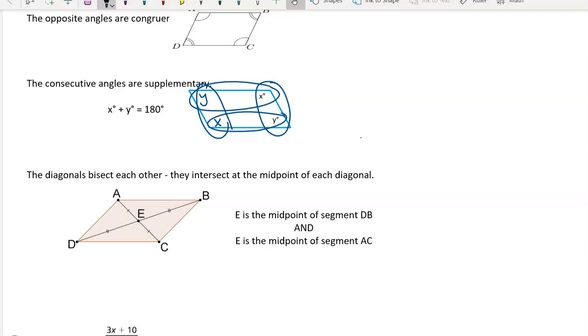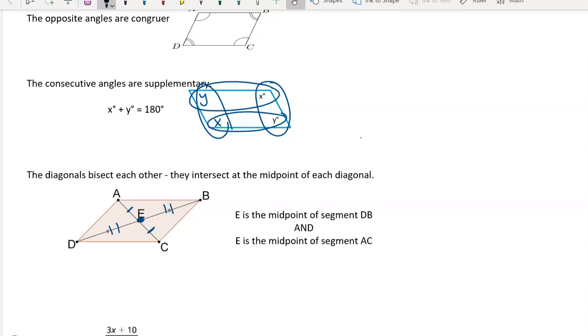So they intersect at the midpoint of each diagonal. You want to be careful with this one. This is saying E is the midpoint of AC and DB. It's important to know that AE is congruent to EC, but they're not congruent to the others. DE is congruent to EB.